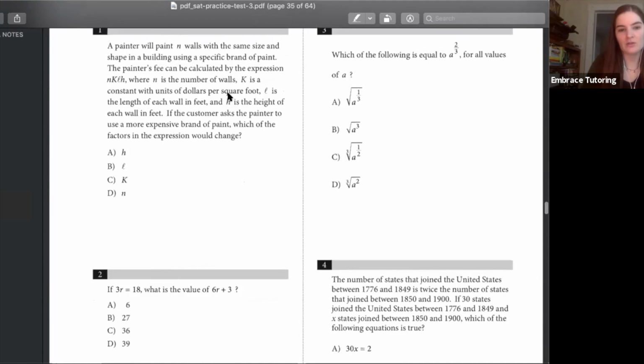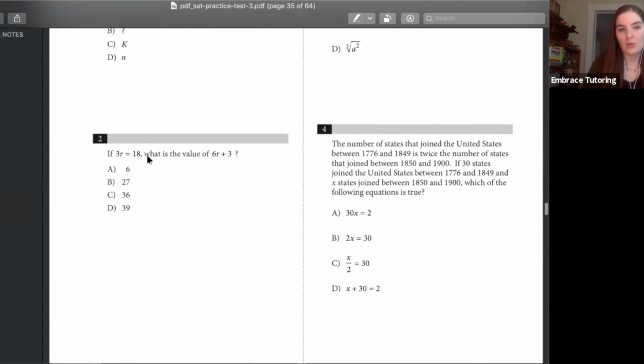Like in question 2, noting the formula that you have: 3r equals 18. And what is the value of 6r plus 3? Okay, so knowing that if you multiply 2 times 3r, how you would get 6r, what you would need to do to figure out how to solve 3r equals 18.